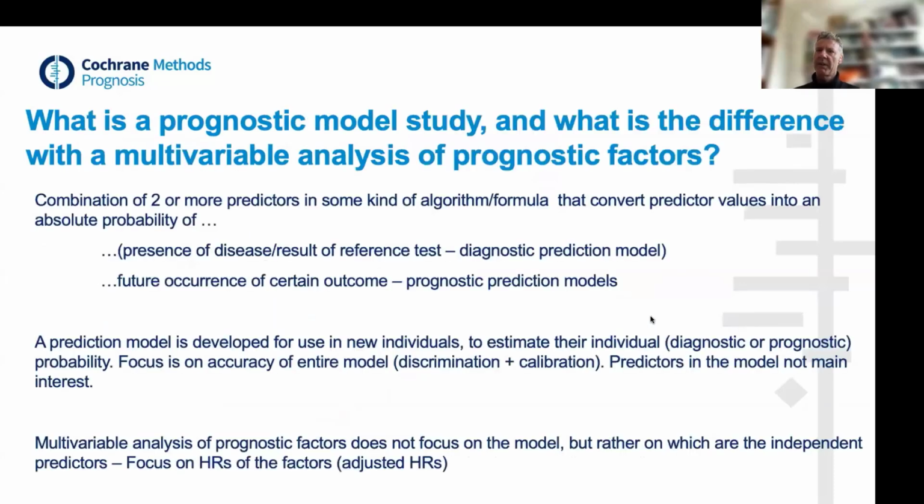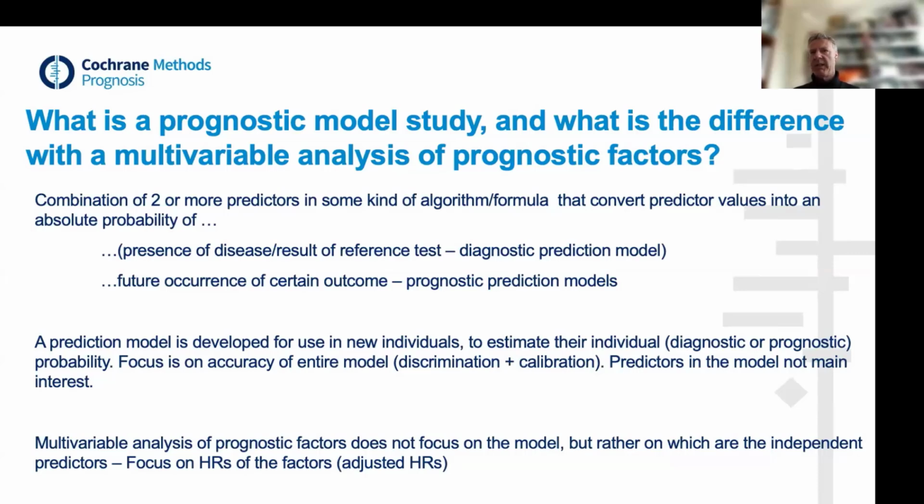Next slide, please. Now, having explained what a primary prognostic factor study is, what are the prognostic model studies? Next slide, please. A prognostic model or an algorithm or a score, they are all synonyms typically used in the literature. There are so many synonyms for the word prognostic model or prediction model, unfortunately, and I cannot help that.